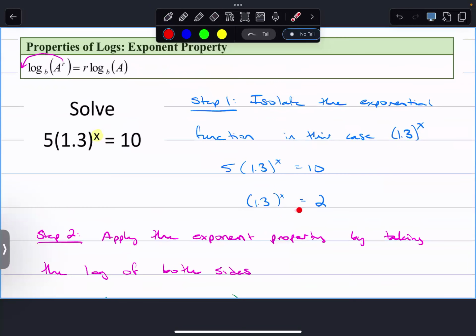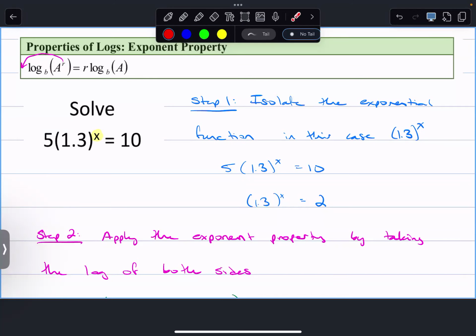If we go back here, either way, we still have to isolate the exponential function, but here I just said, let's just use the natural log. I don't care which log, but a more convenient base might have been log base 1.3, which we can do, but it's kind of weird.